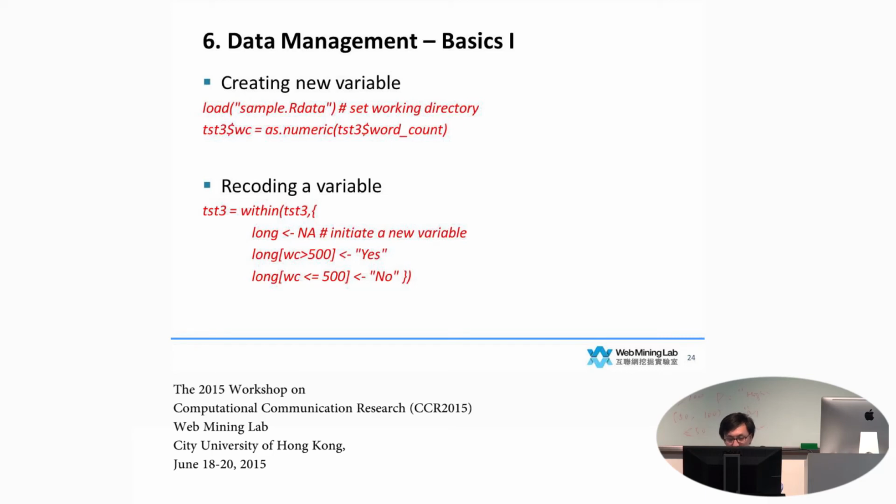This one is a string vector. as.numeric means that we convert it to a numerical type. So run this one. Now we check TST3. Here we have, right? We have a new column. We have a new variable.